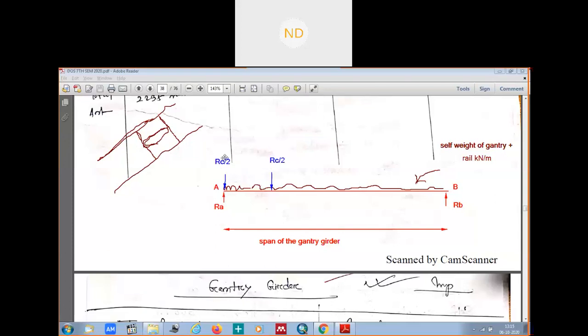Now for per wheel it was that much load. So these are the wheels of the crane girder, for which the maximum reaction was RC. So we will have to divide this between both the legs or wheels of the crane girder. So RC by 2 and RC by 2. We can consider it to be this distance.